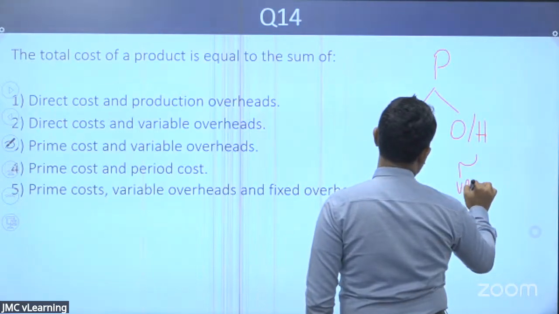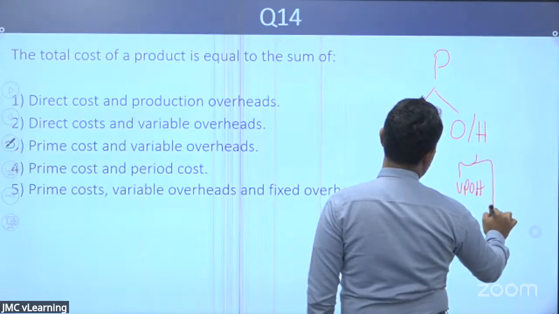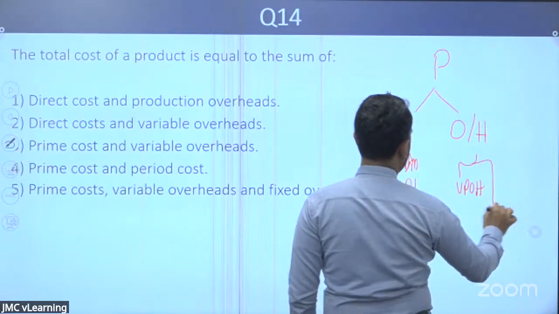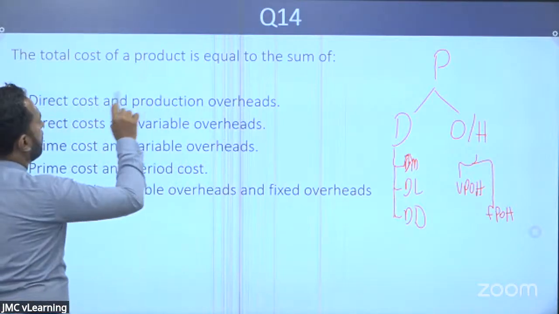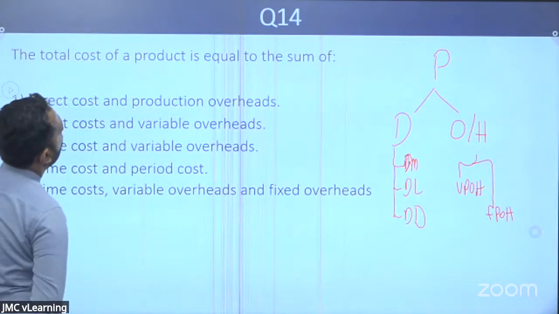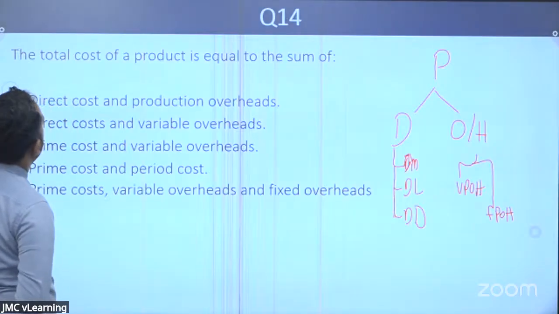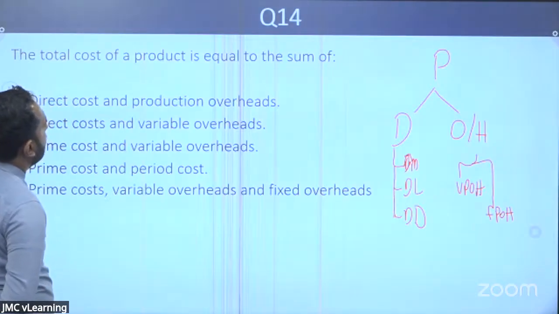Overheads: variable production overheads and fixed production overheads. Let's look at direct cost and the production overheads.